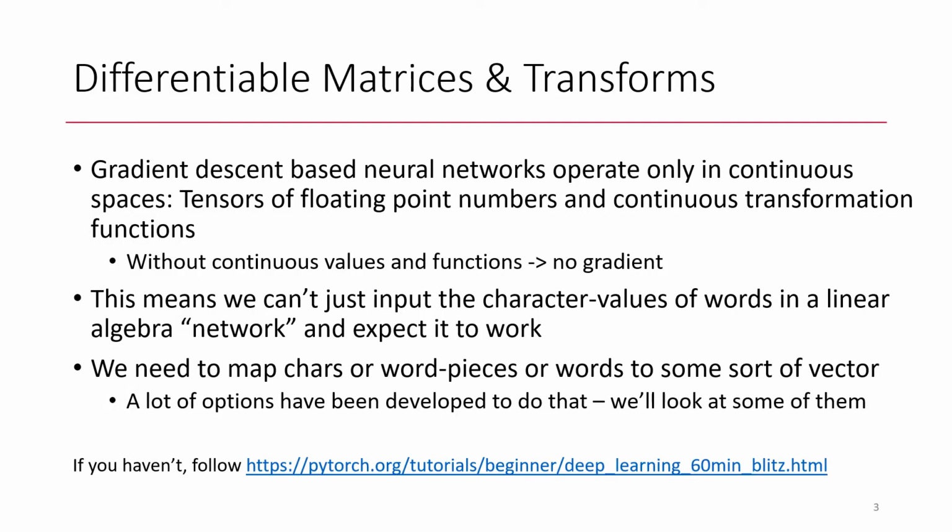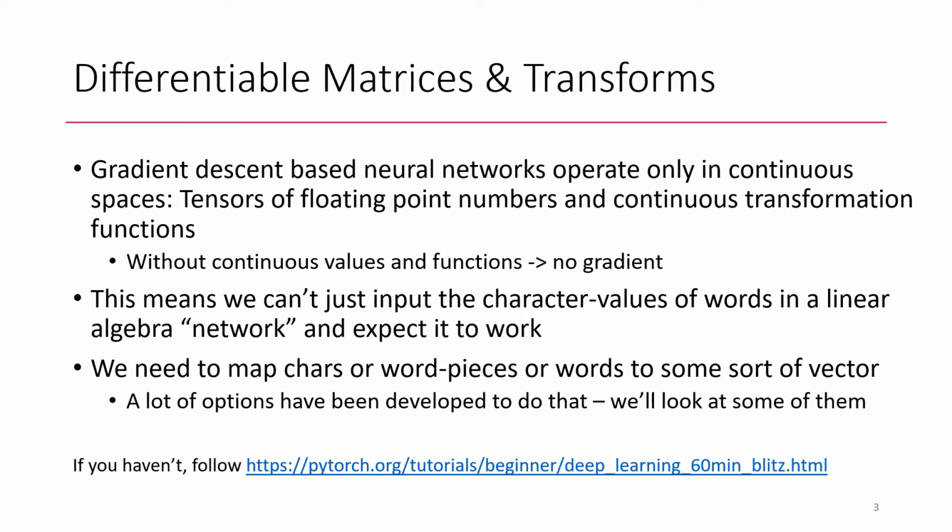An important motivation for word embeddings is the fact that if we want to work with neural networks and we want to apply a gradient descent training algorithm, we need to operate in continuous spaces.